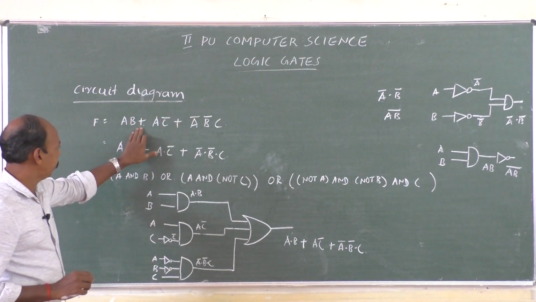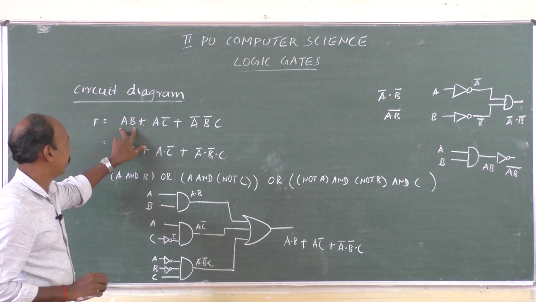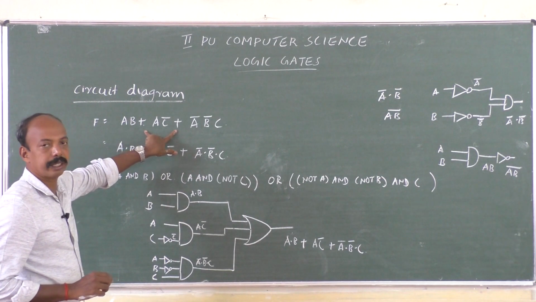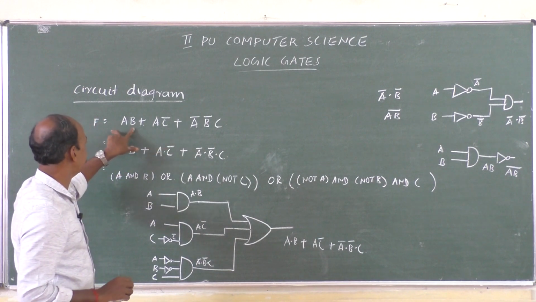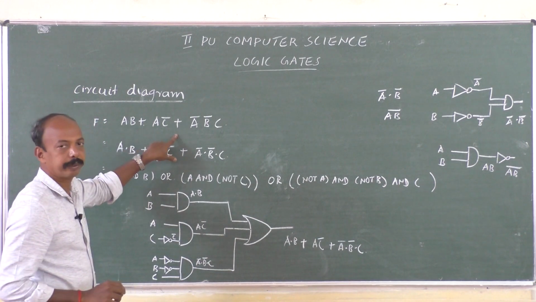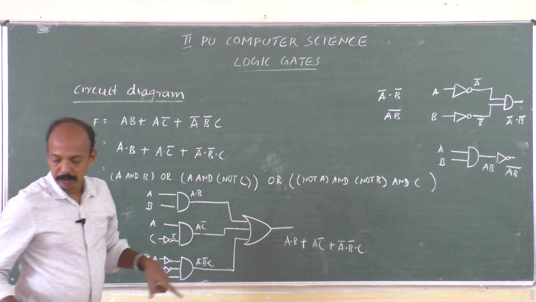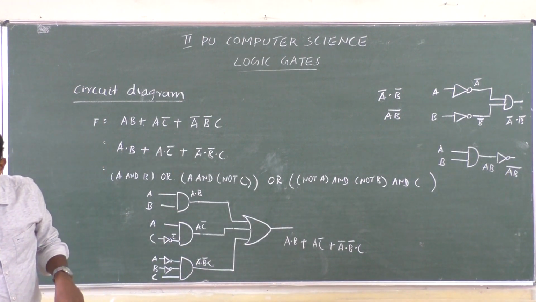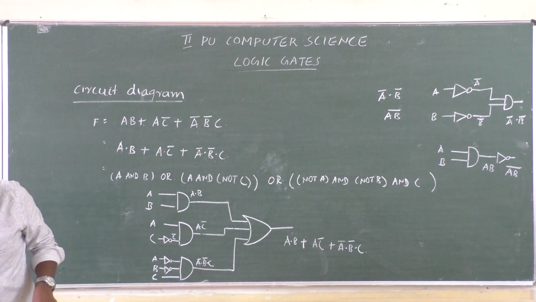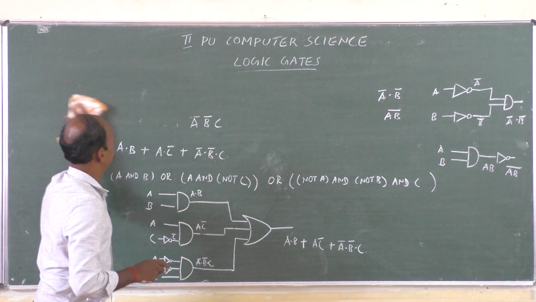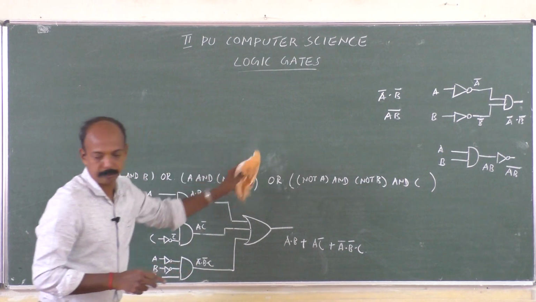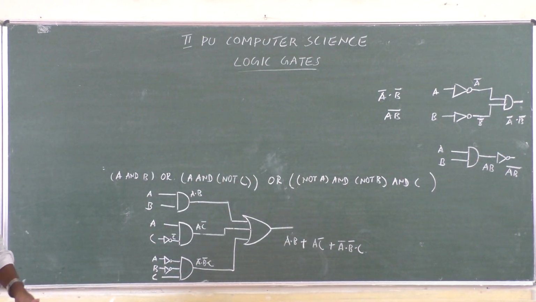Here in this case, in the first level we are having the AND gate, in the second level we are having the OR gate. In some cases, it's possible to have the OR gate here and the AND gate here. One example we shall have, you just try this. Try this one.